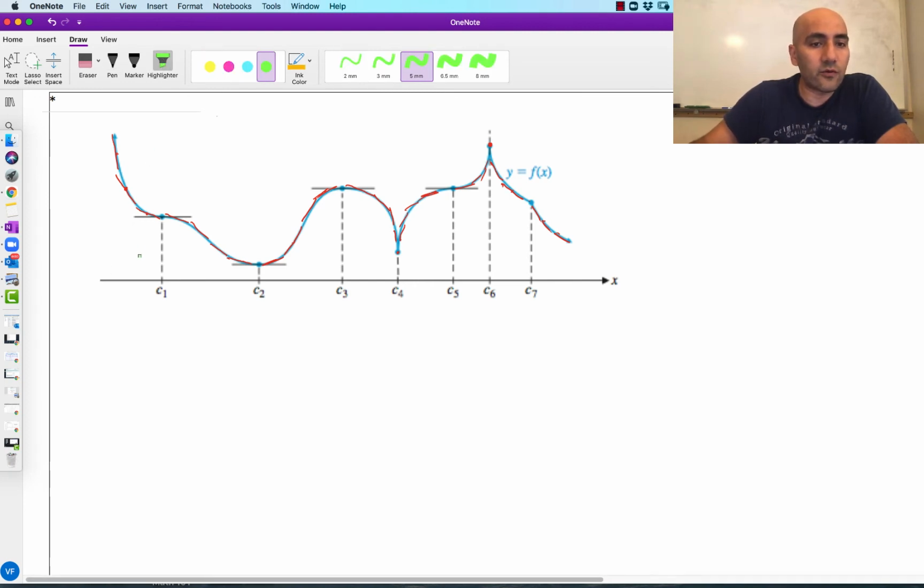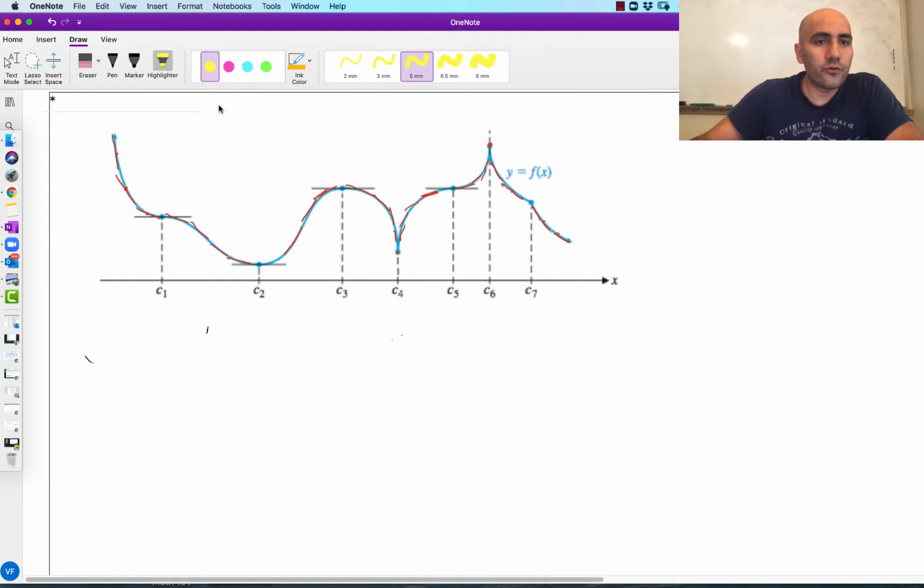We have different intervals here, so I'm going to go through section by section and think about the slopes of the tangent lines, or the value of the first derivative. I'll alternate colors, going from here to here, and here to there.